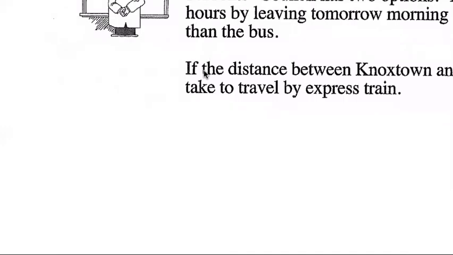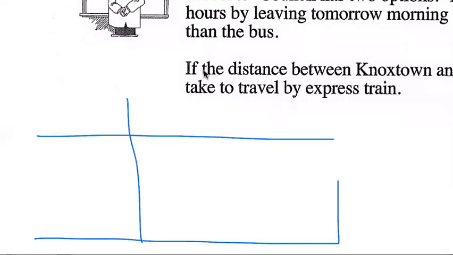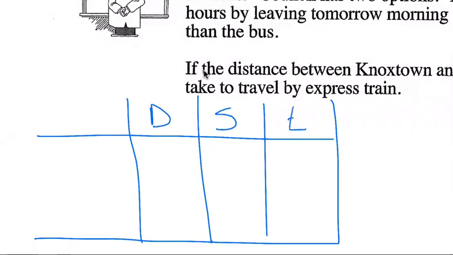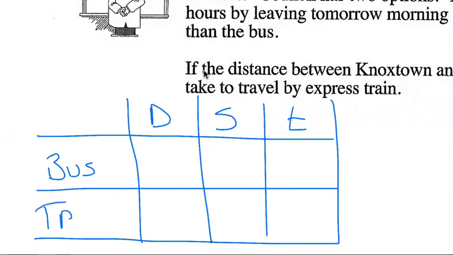So I'm going to set up a table. Let's draw a table. Distance, speed, time, by bus, by train. We know the distance is 1,500 kilometers. We want to know what it's going to take by each.